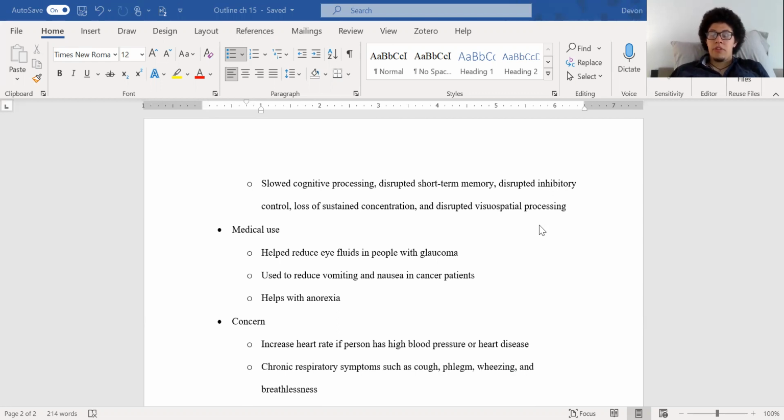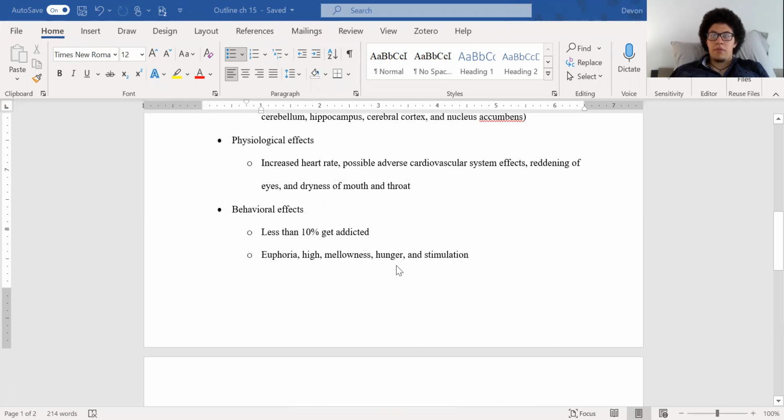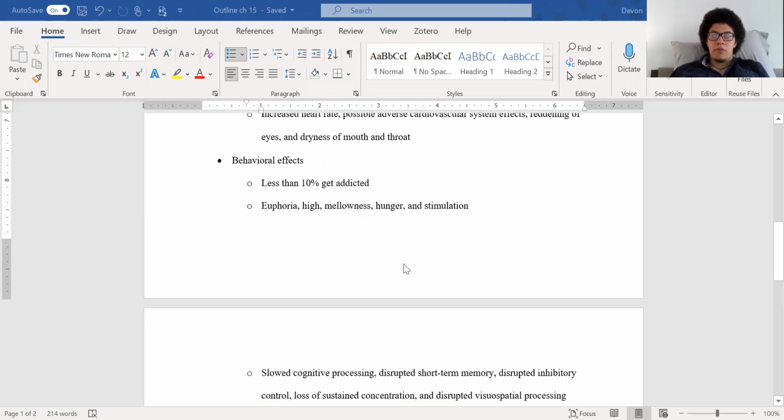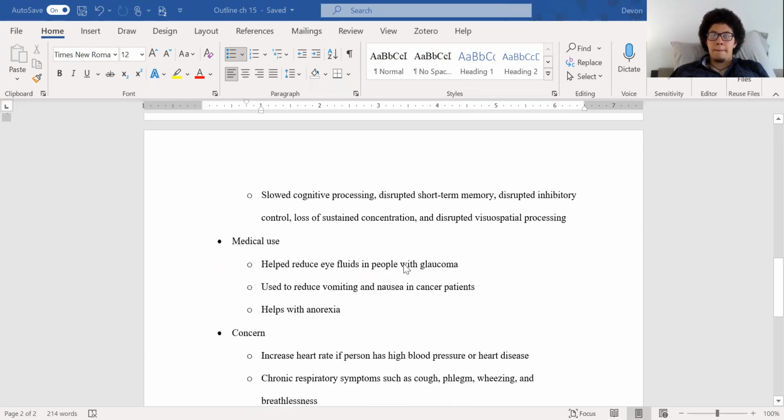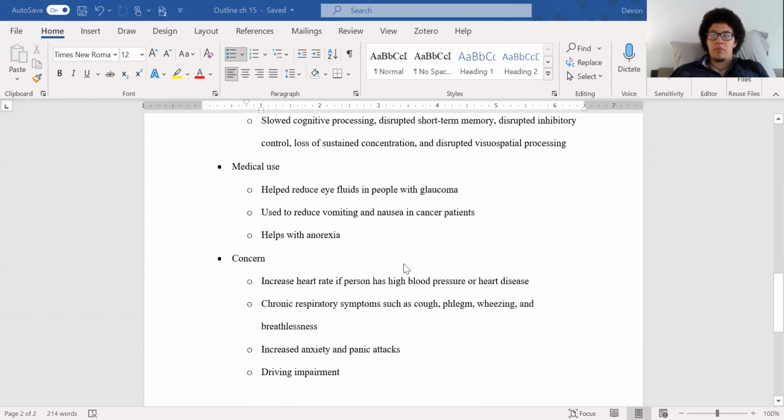And then it also helps with anorexia because if you recall from one of the behavior effects, it includes hunger. And with the hunger, it has the people who have anorexia want to eat more. So that helps solve that problem.